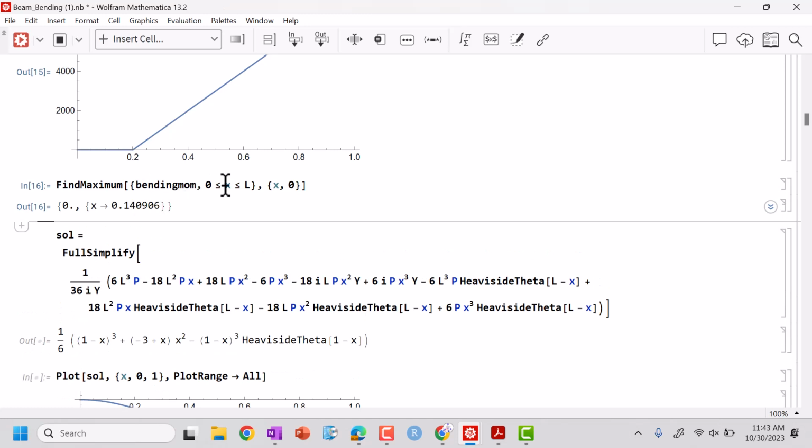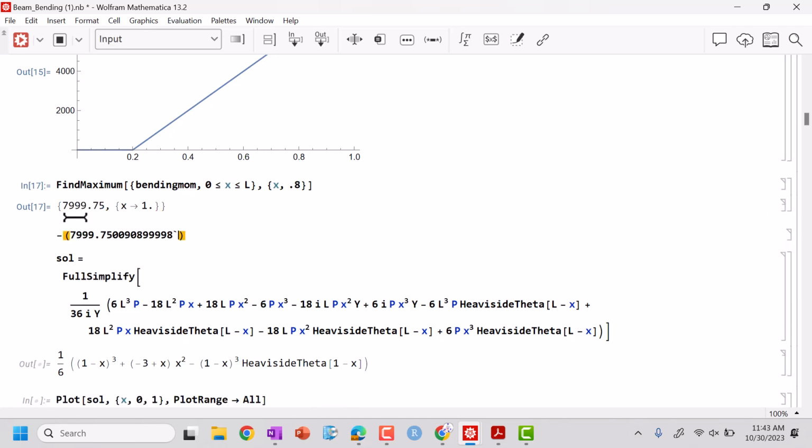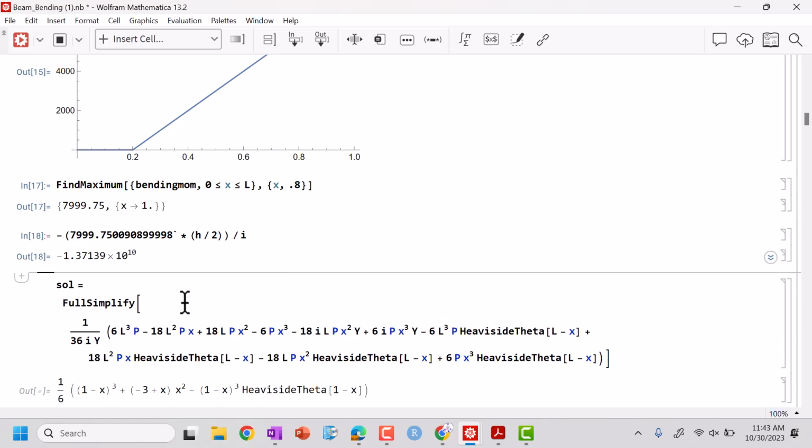It needs a little help, so let's try around 0.8. There we go, so that's our bending moment. Our maximum stress is this moment times our h/2, actually, let's go back and look at it, minus My divided by I.